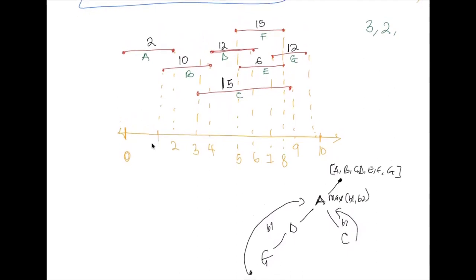So we're done with the A branch. For A, we've considered A, D, and G. Let's say we are done perfectly. Now let's proceed. So we are actually done with this part.